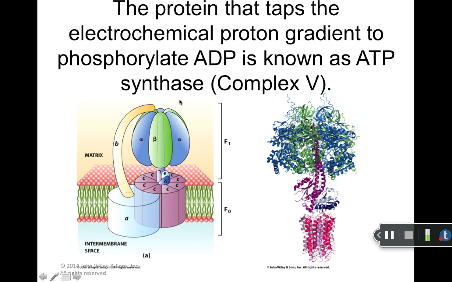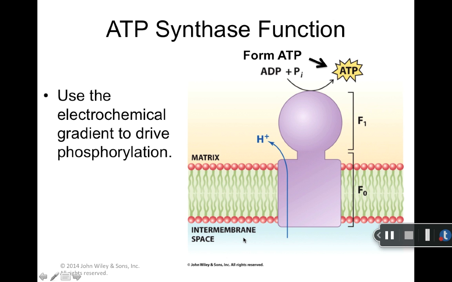This ATP synthase is sometimes referred to as complex 5 of the electron transport chain. The function then of the ATP synthase is to use the electrochemical gradient to drive phosphorylation of ADP to form ATP.